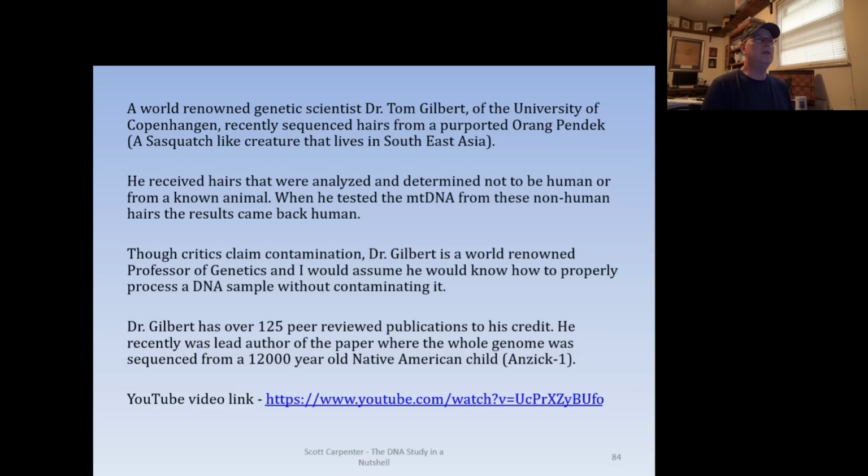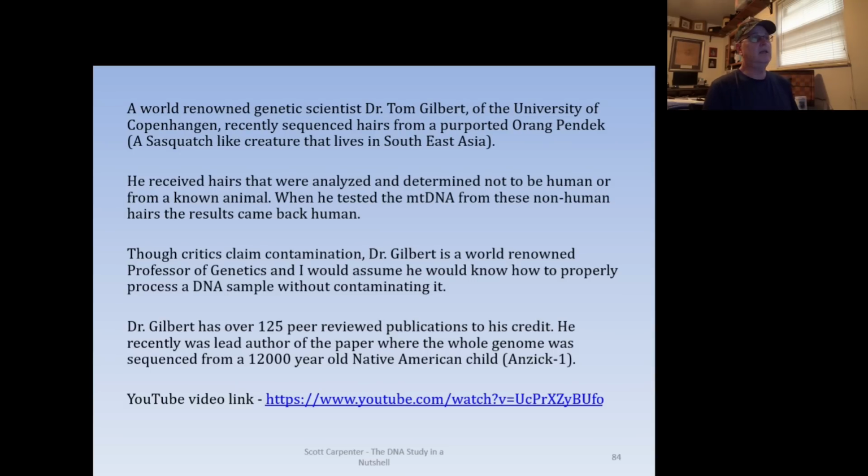Though critics claim contamination, Dr. Gilbert is a world-renowned professor of genetics, and I would assume he would know how to properly process DNA samples without contaminating them. Dr. Gilbert has over 125 peer-reviewed publications to his credit. He was recently lead author on a paper where the whole genome was sequenced from a 12,000-year-old Native American child.